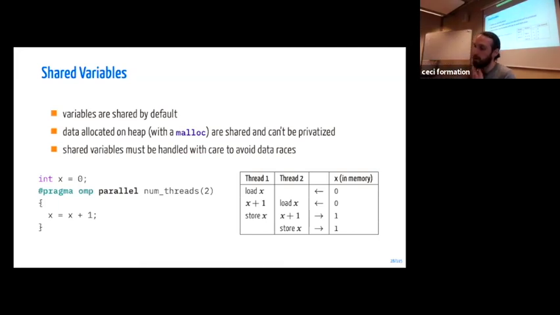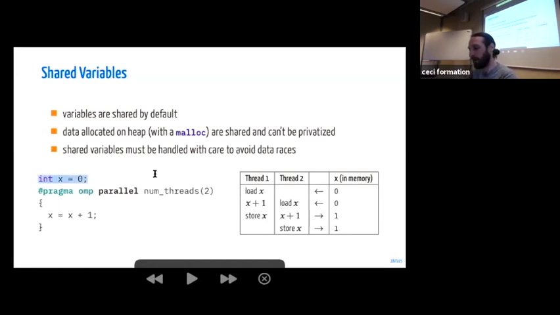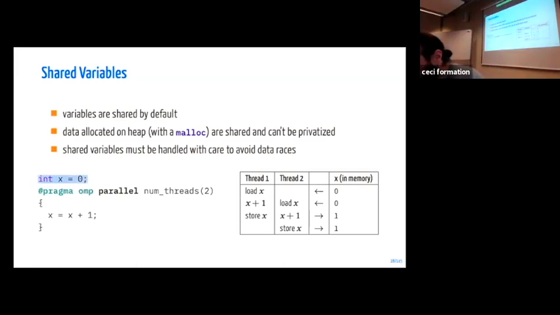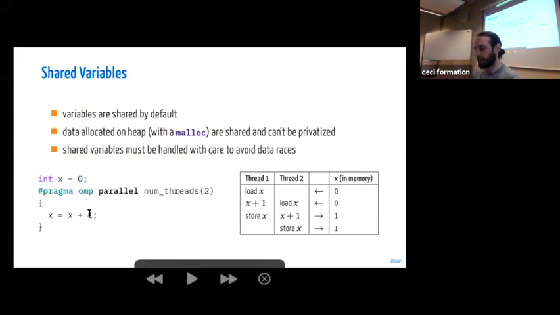So this is a very simple example where I create a variable int x, with an integer value. Then I create a parallel region, and inside of this parallel region, I do a +1 of this value. In this case, I define the number of threads to be 2. The problem, if I do that without proper synchronization, is that I can end up with the wrong value.